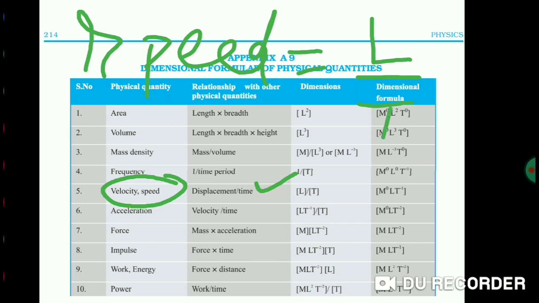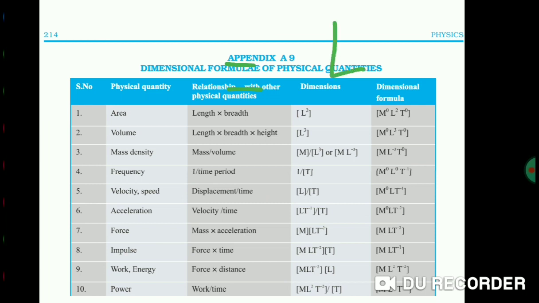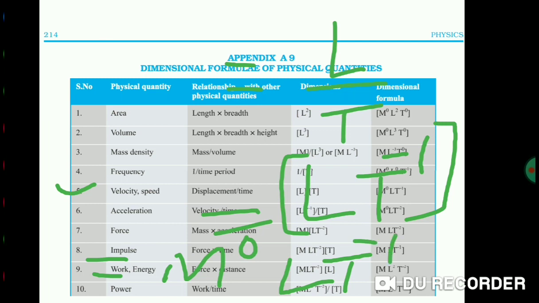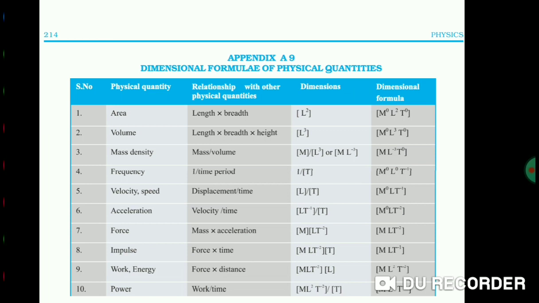Length by time. So L, and T goes in the numerator, so it becomes T minus 1. So the dimensional formula of velocity or speed is L T minus 1, or you can express it as mass raised to power 0, L, T minus 1. Is it clear?